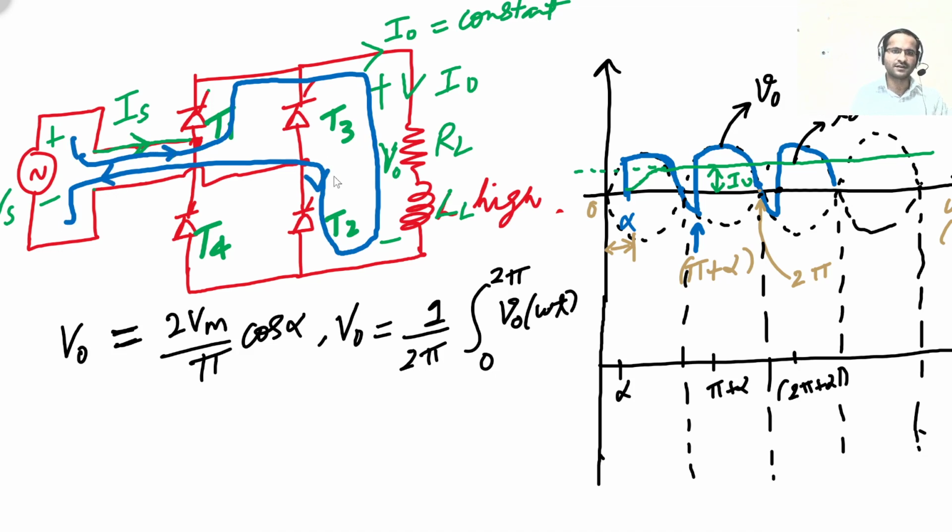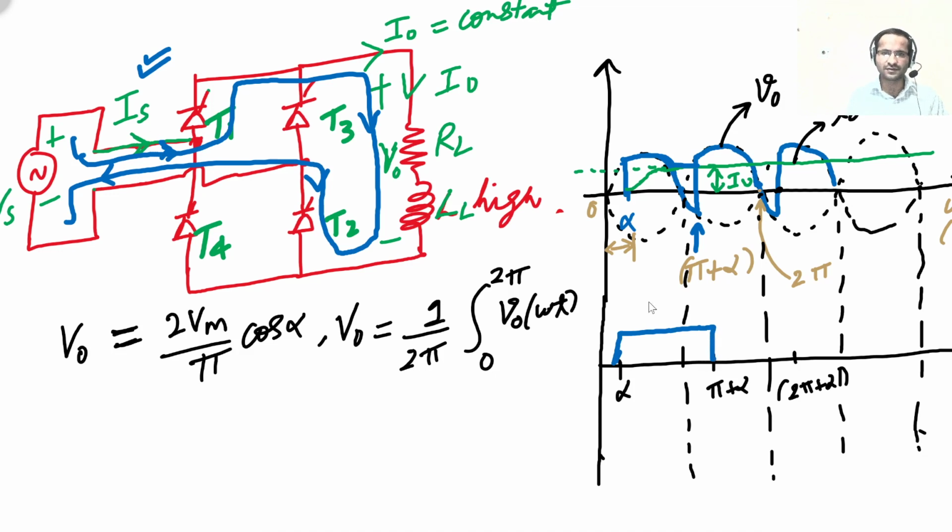Now if we consider this source current direction as the reference direction, the load current direction is also the same. I0 direction is downwards. So if this load current direction is positive, the source current will also be positive for the duration in which T1 and T2 are conducting.